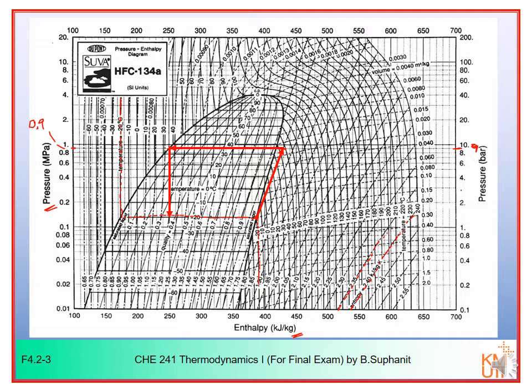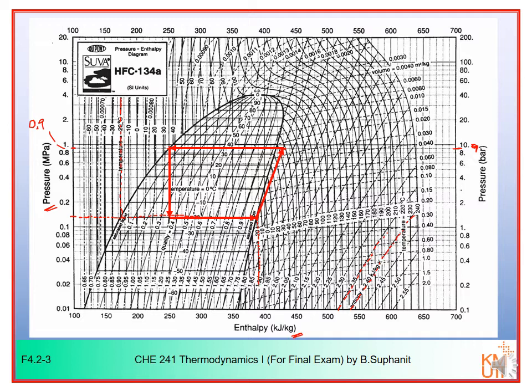Okay, pressure may be around 0.1, say maybe 0.14 or 0.15 megapascal, and then it will enter the evaporator at this point, and then it will be vaporized to become sat vapor again. So that will complete your ideal VCR here.